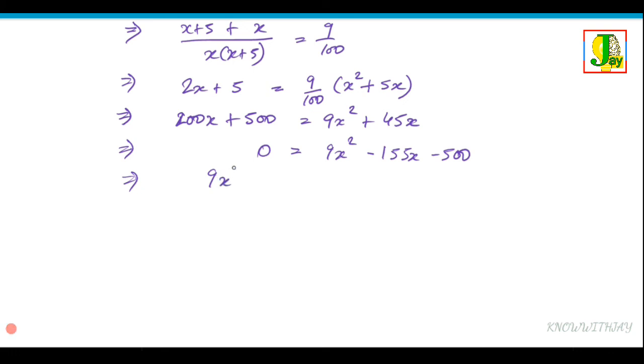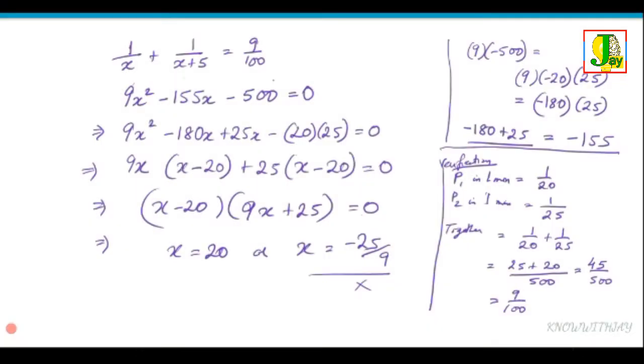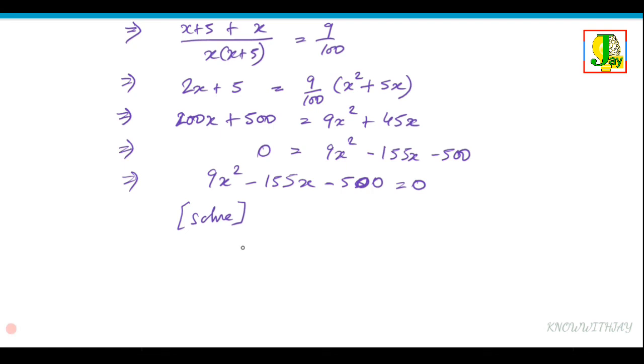So we can write it as 9x squared minus 155x minus 500 equals 0. Now solve this. After solving we get x equals 20 or x equals minus 25 by 9.